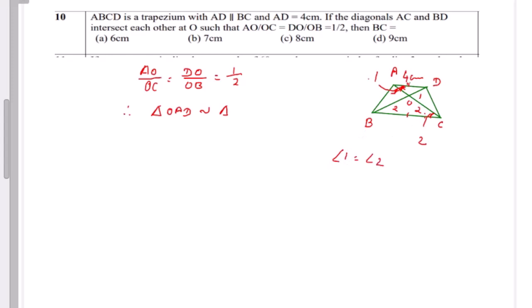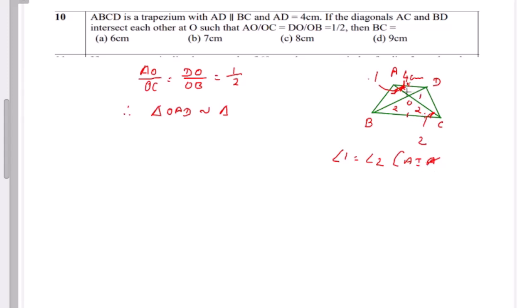I am marking this one as angle 1 and this small angle, angle OCB, as angle 2. Angle 1 is equal to angle 2 because they are alternate interior angles: AD and BC are parallel to each other and AC is the transversal.